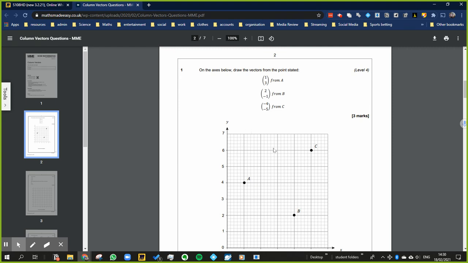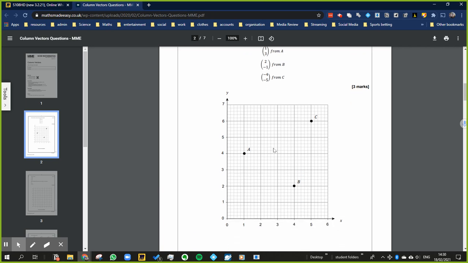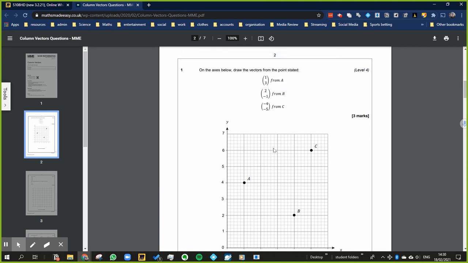Okay, so we're drawing some vectors from A. It just means draw a line, an arrow. Basically, a vector is always going to be like an arrow. In fact, I'll just do the answer to the first one, then we can discuss it.